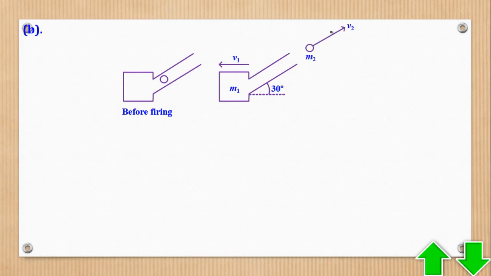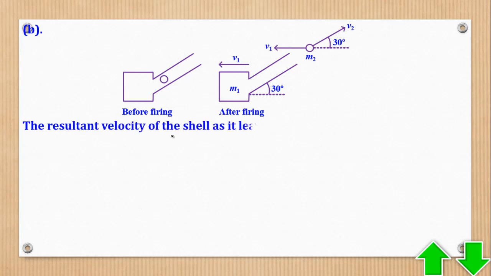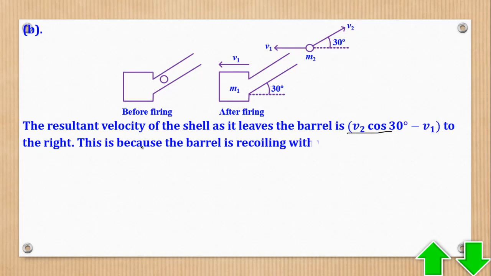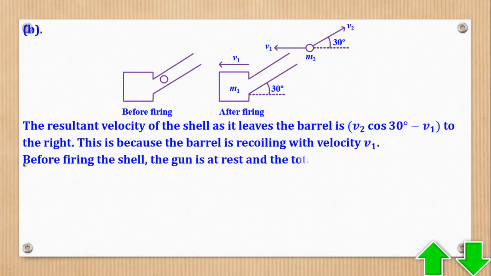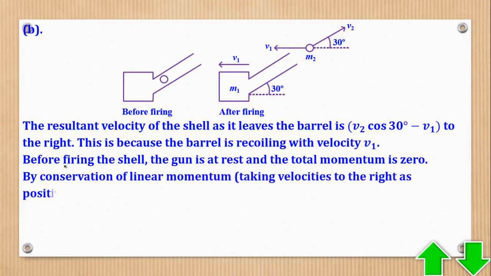So it moves with that velocity, but is still opposed by the recoiling velocity. So the resultant velocity of the shell as it leaves, we shall resolve horizontally. This is because the barrel is recoiling. Then before firing, the gun is at rest, therefore total momentum is 0. By conservation of linear momentum, we shall come up with that.